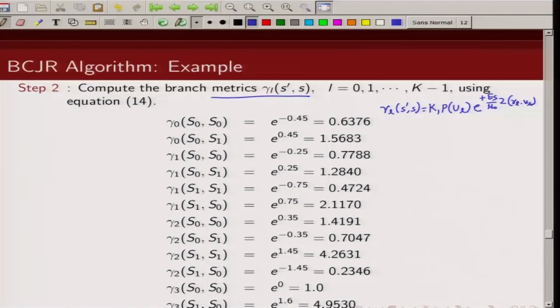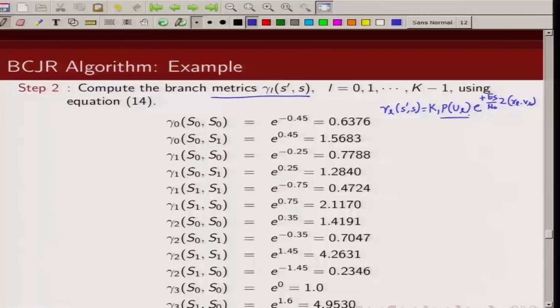Now, in this particular example, we are assuming that a priori it is equally likely to be plus 1 or minus 1. So, this probability will be half whether UL is plus 1 or minus 1. So, this will be a constant, and we can just include this in a constant term and ignore it.